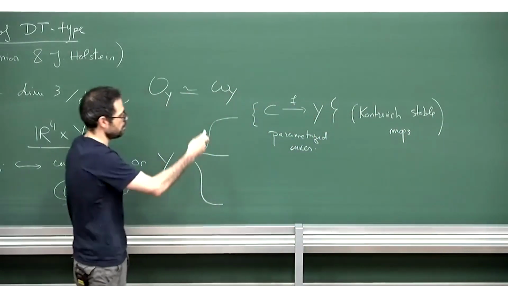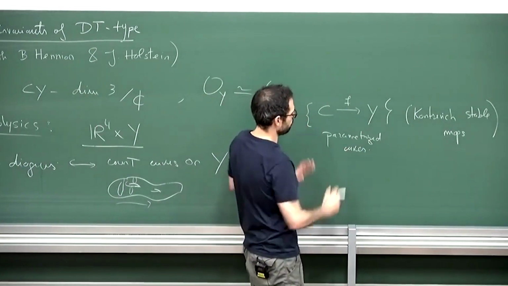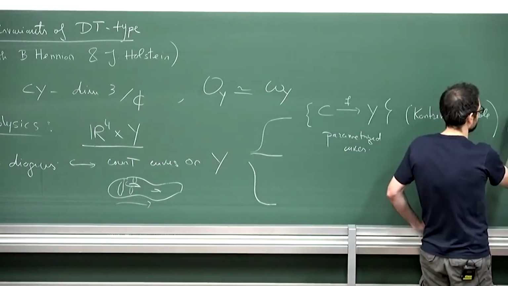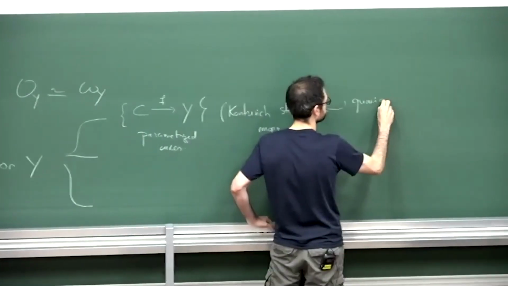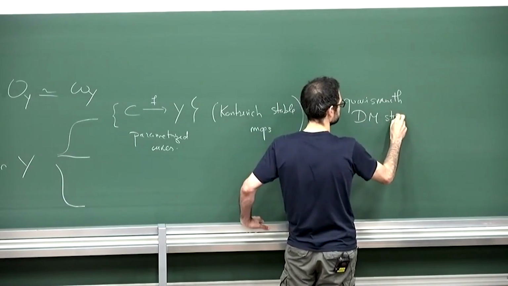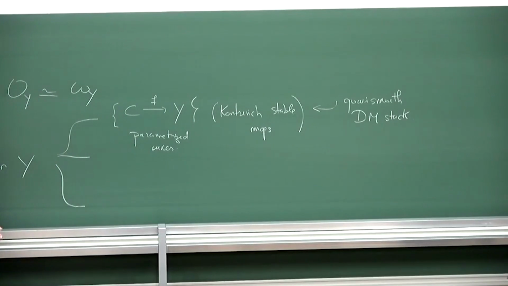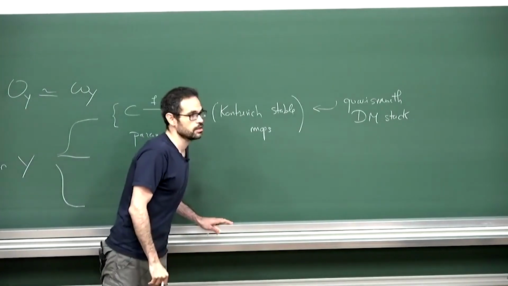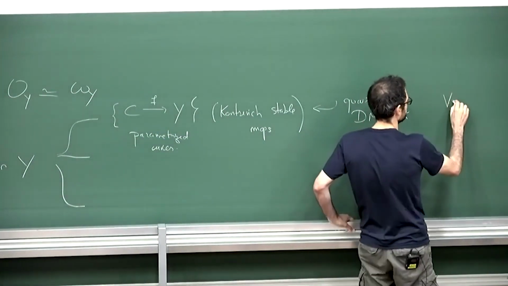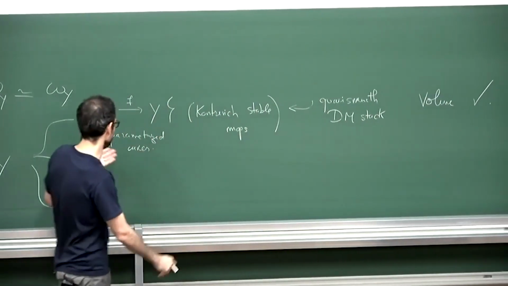These stable maps are essentially parametrized curves. They form a nice moduli space in the sense that the moduli space is a quasi-smooth Deligne-Mumford stack. The reason why we care about quasi-smoothness is that every time we have a quasi-smooth Deligne-Mumford stack, you can define the virtual class, and you can actually define the volume of this moduli space. So the volume is well defined. And this is how people count these numbers.